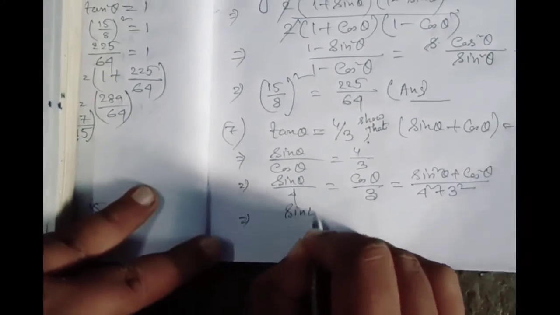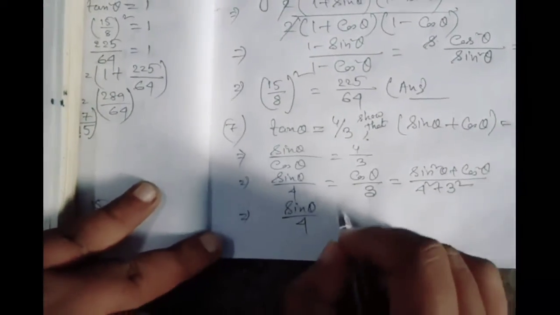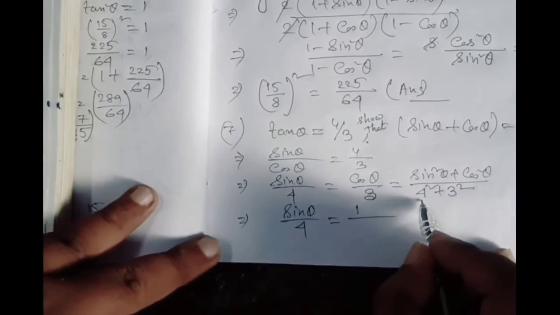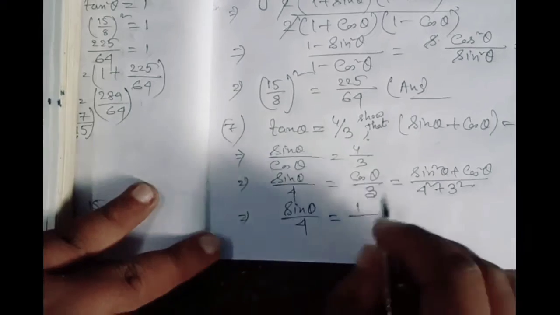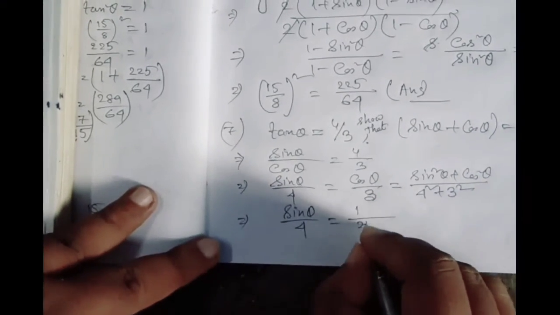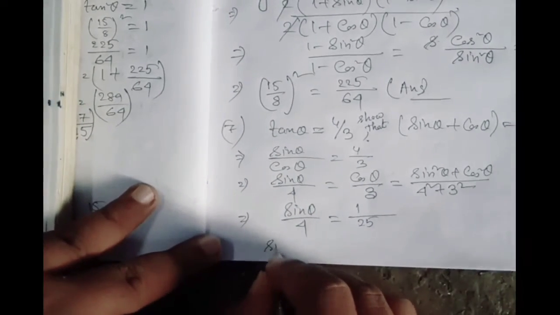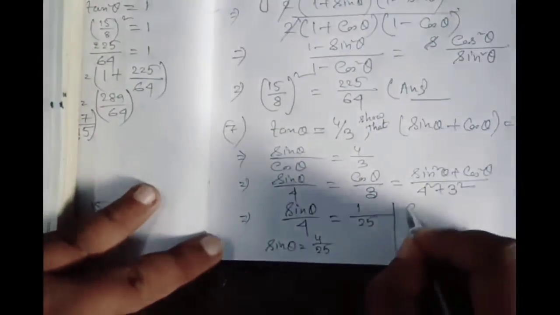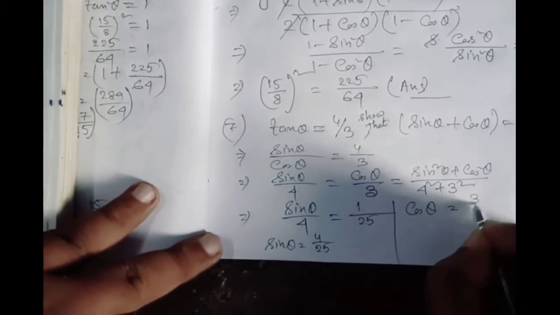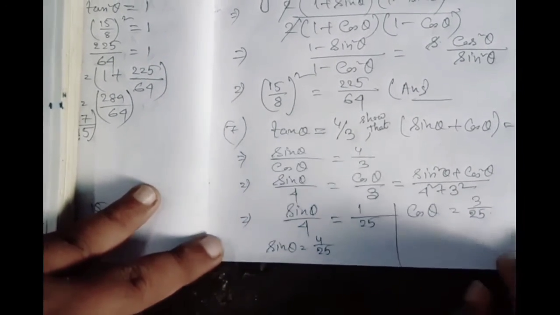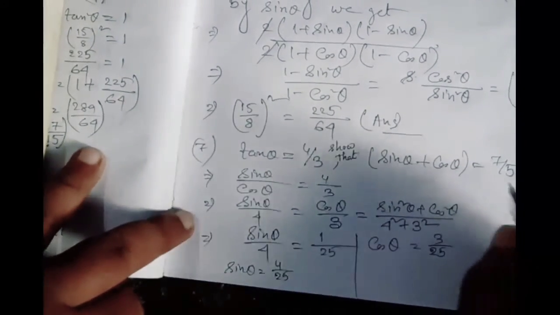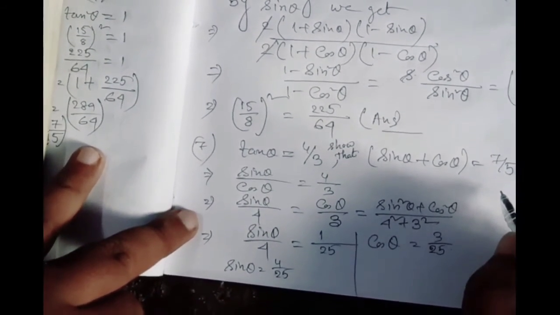So sin square theta by 16 equals 1 by 25.